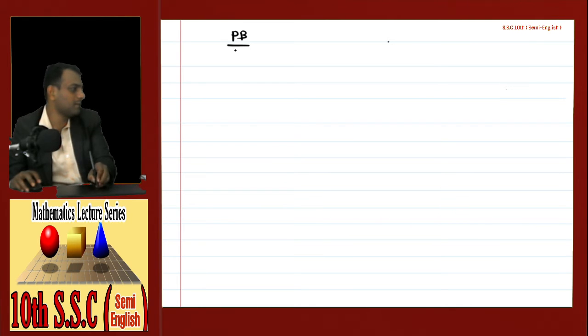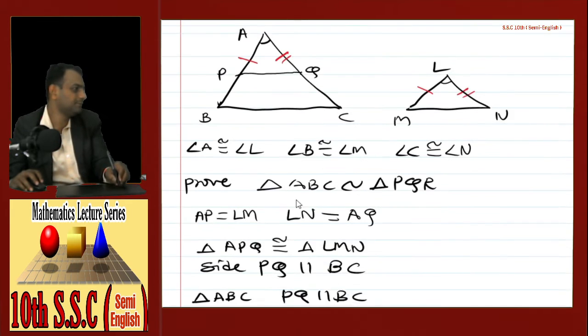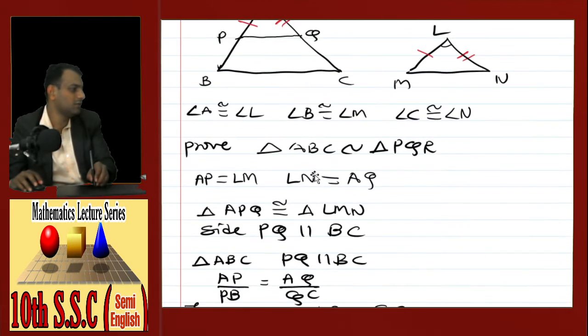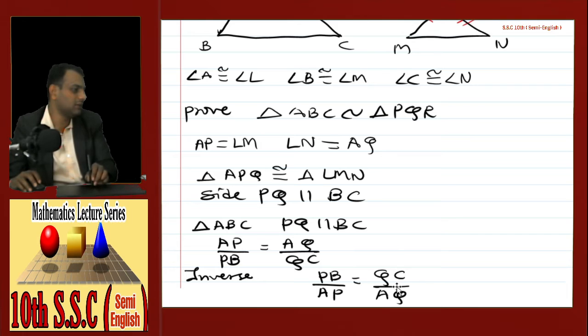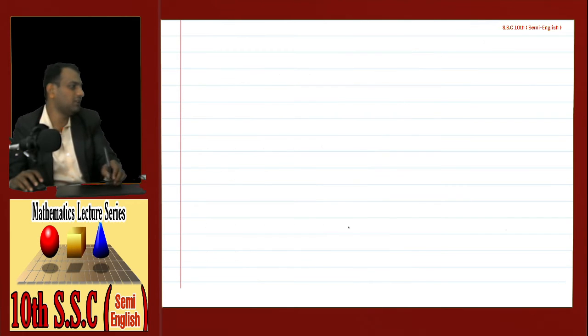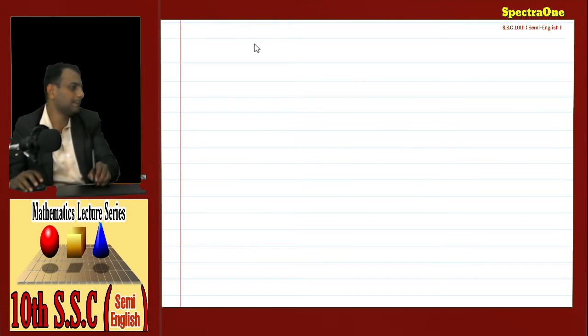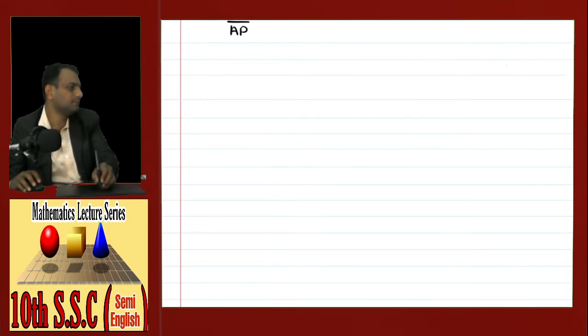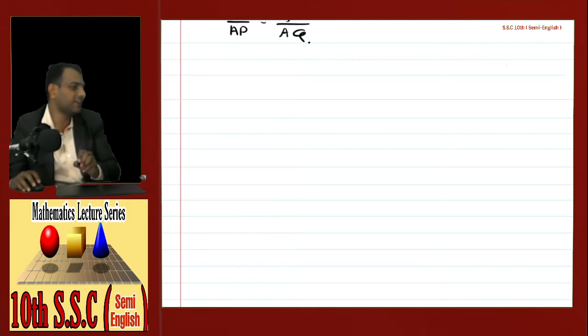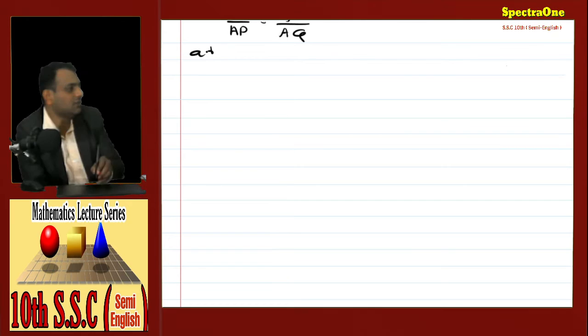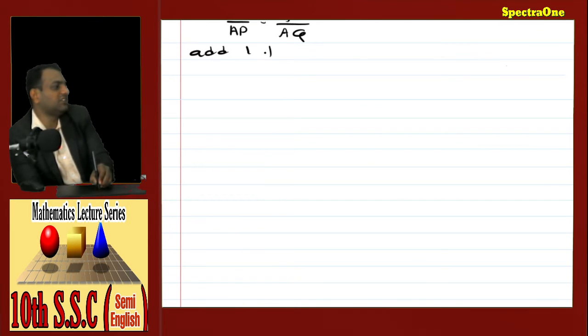PB upon AP equal to QC upon AQ. Add 1 to both sides.